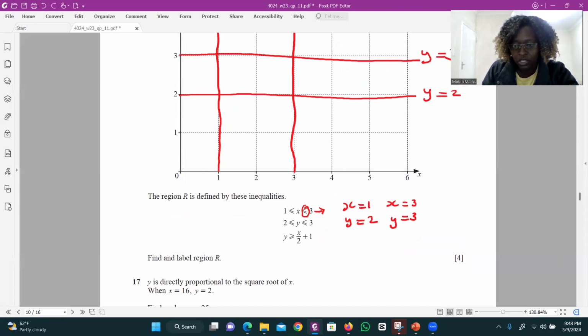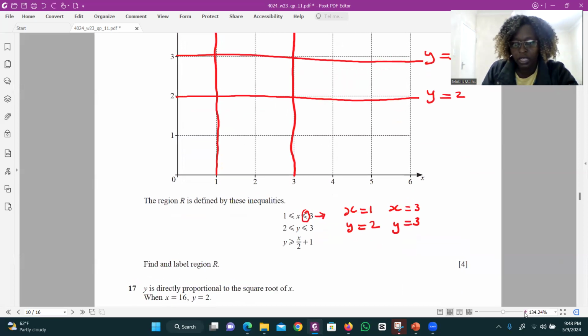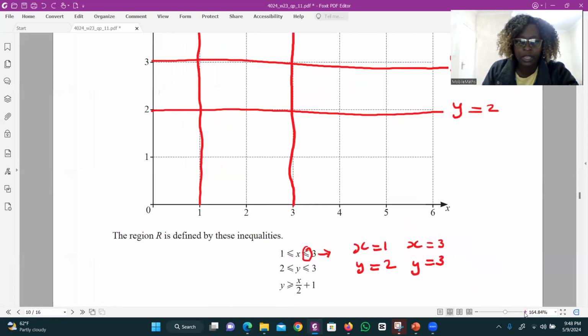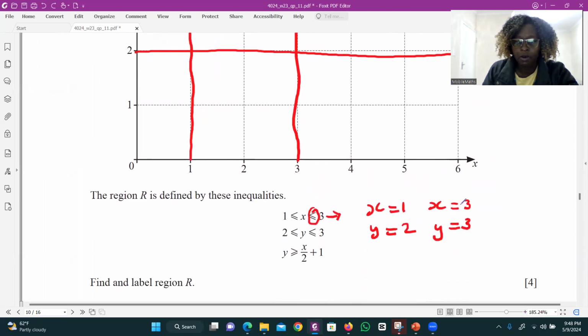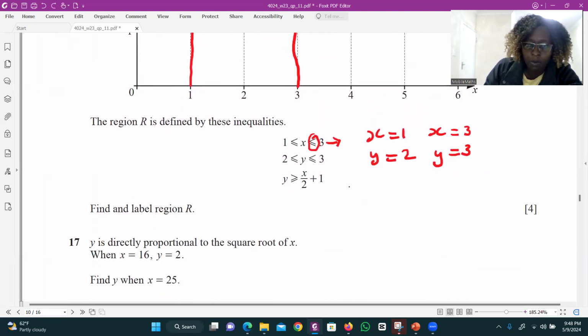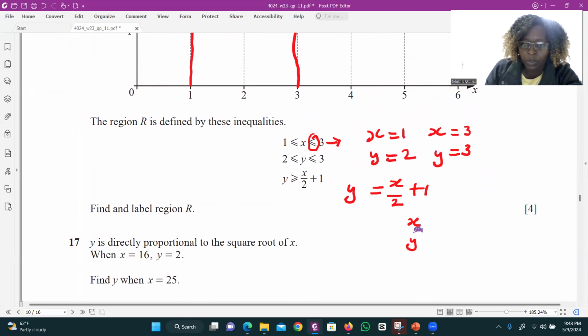So the last equation we have, we can draw a table and say, okay, fine. I can say y is equal to x over 2 plus 1. I can draw a table and say x, y. When x is 0, what is my y?